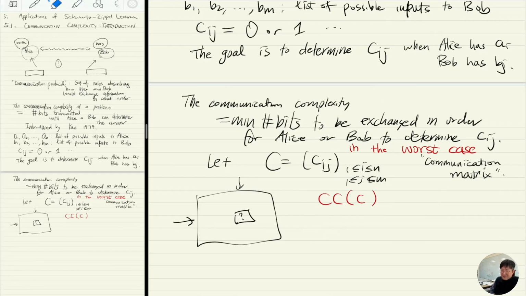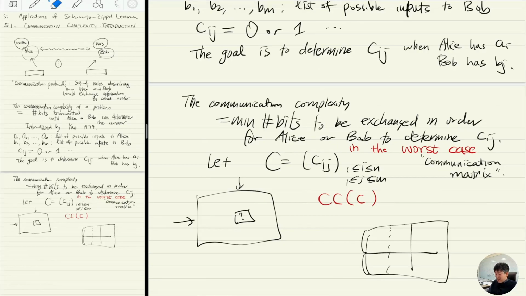What does that mean? That means we have some protocol where Alice sends 0 or 1, so that partitions the possibilities of the rows. And let's say Bob sends 0 or 1, that gives me a partition of columns. And then maybe Bob sends again, so that gives me another partition of the columns.